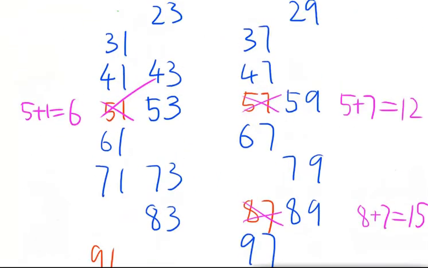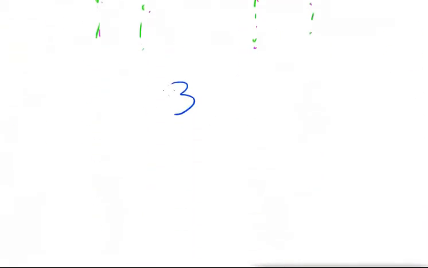Speaking of the divisibility test for 3, I'm going to give a short explanation of why it works. Suppose we have the 4-digit number ABCD. It's not A times B times C times D. It's literally A in the thousands place, B in the hundreds place, C in the tens place, and D in the ones place. Simple as that.